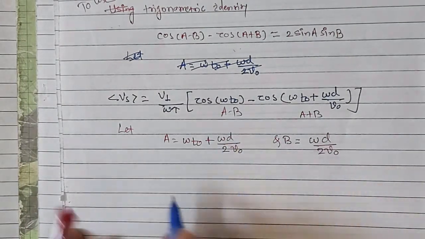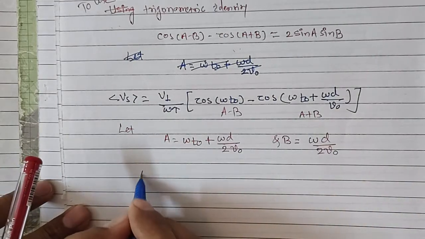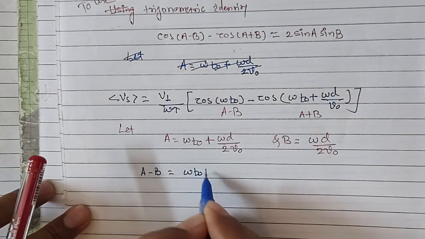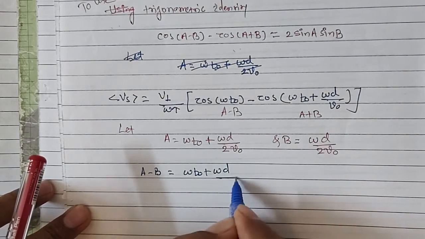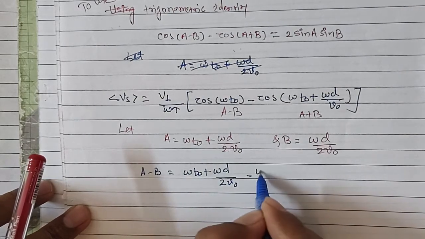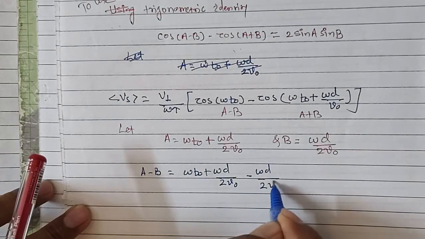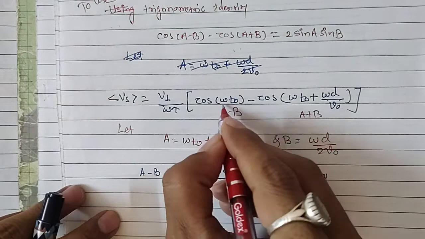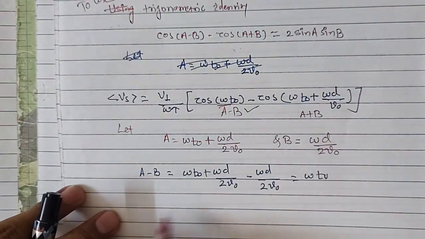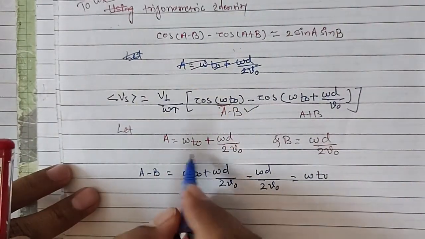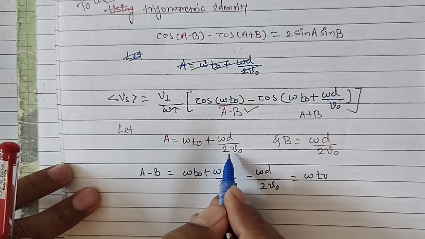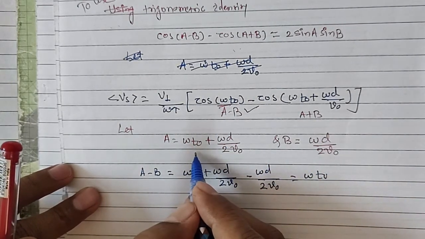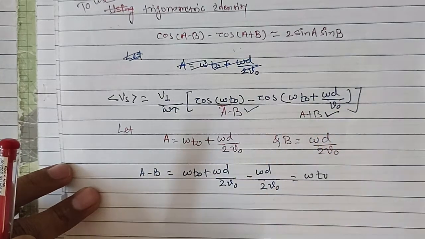Let us see what a minus b is: omega t0 plus omega d by 2v0 minus omega d by 2v0 is omega t0. And a plus b is omega t0 plus omega d by 2v0 plus omega d by 2v0, so it would be omega t0 plus omega d by v0.